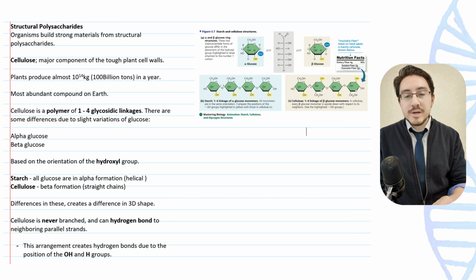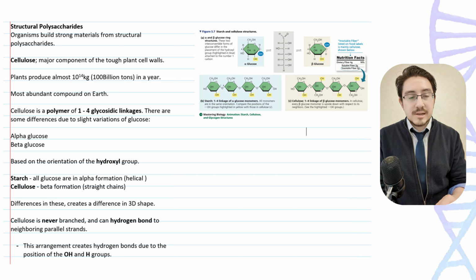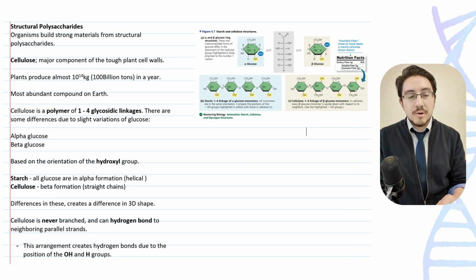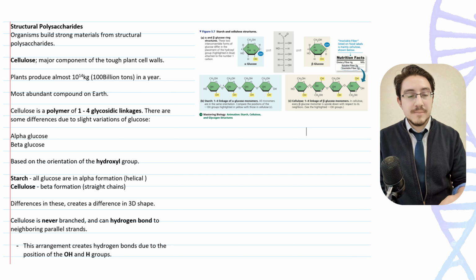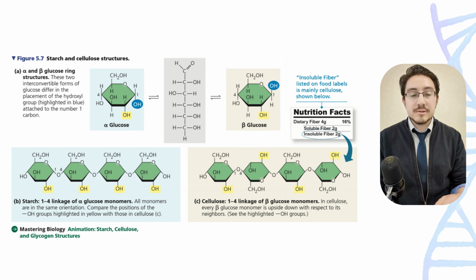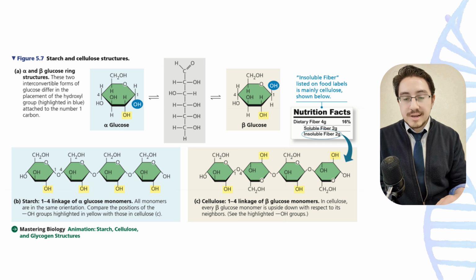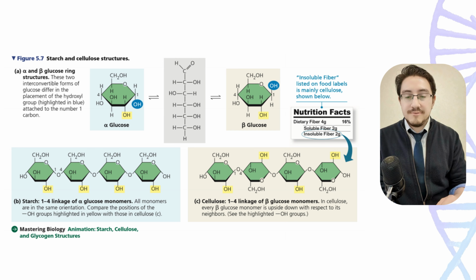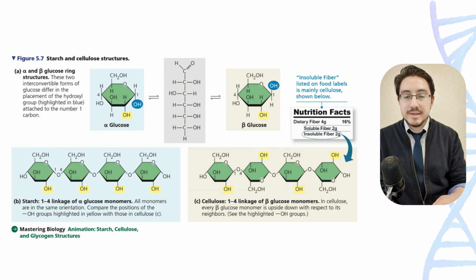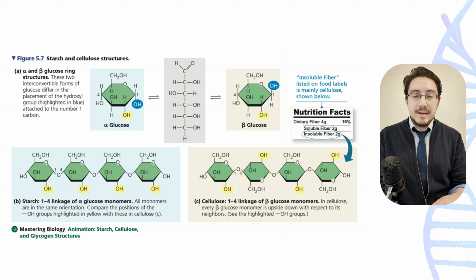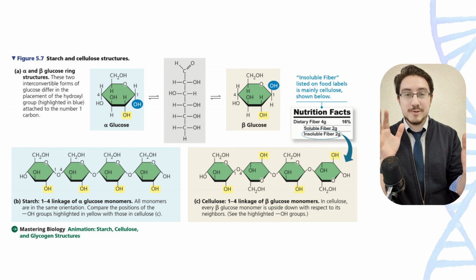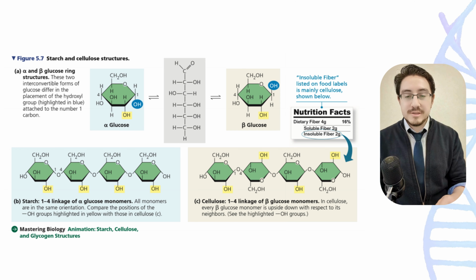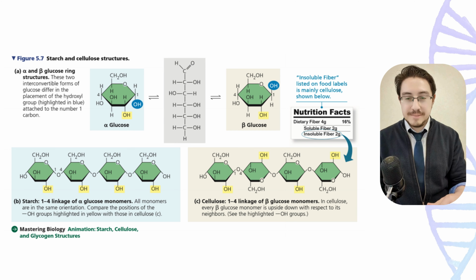Then when it creates these rings and glycosidic linkages, the OH group can be facing one direction, in this case alpha glucose monomers, or you can have this beta glucose formation where you have them interchanging. Basically one glucose is upside down from the other adjacent two, so there's this little zigzag formation, so to say.